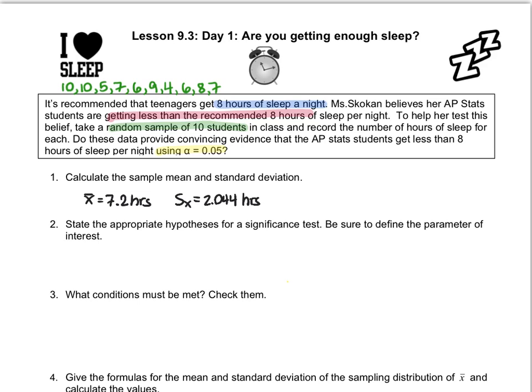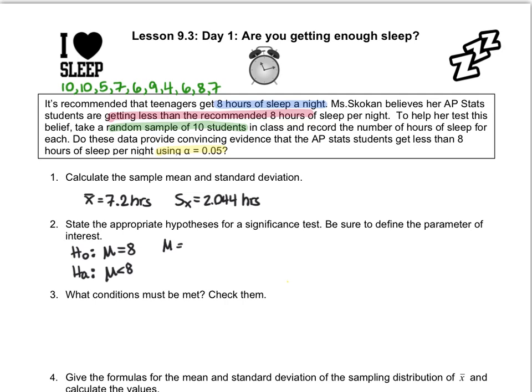The next thing that we're going to do is put together our hypotheses for our significance test. Our null hypothesis, you might have already guessed, is mu is equal to 8. Our alternative hypothesis is mu is less than 8, and we have to explain what mu is.